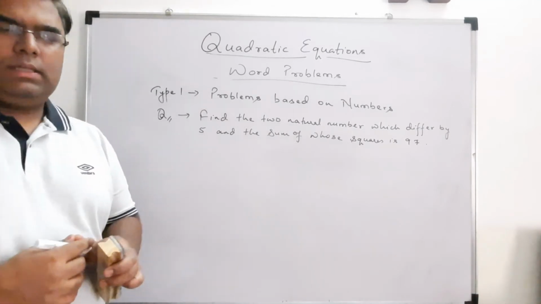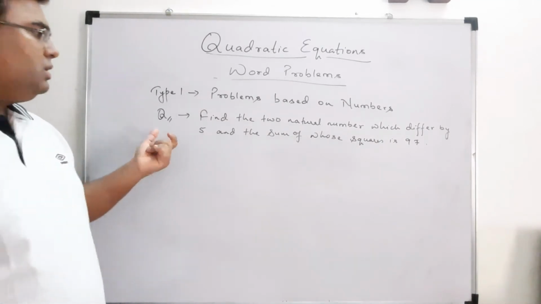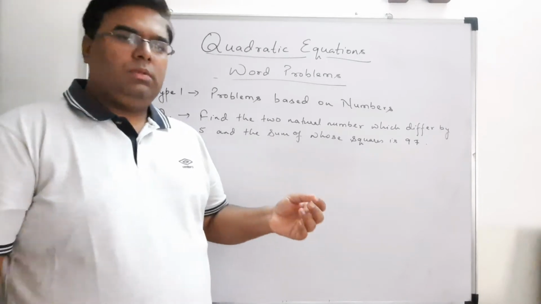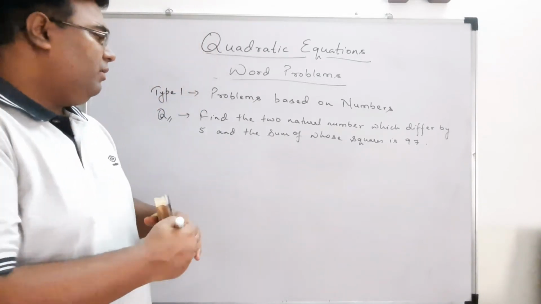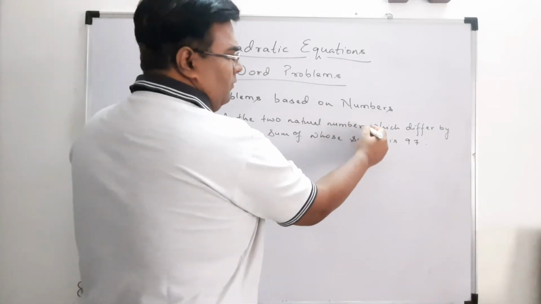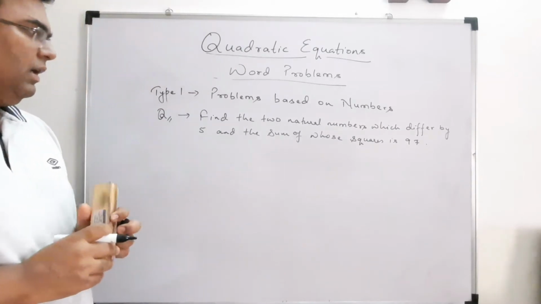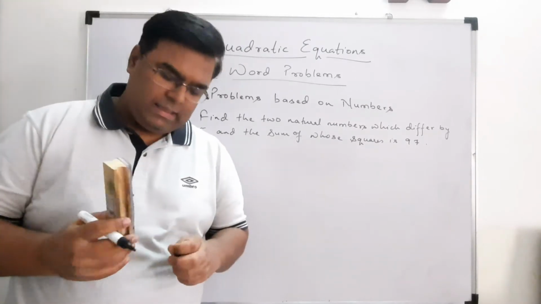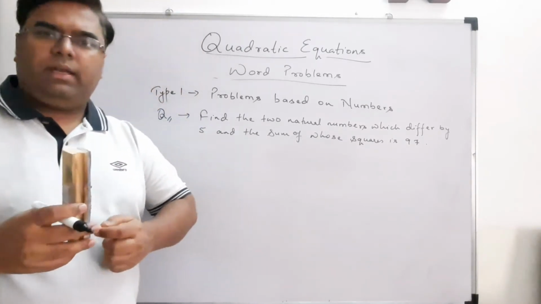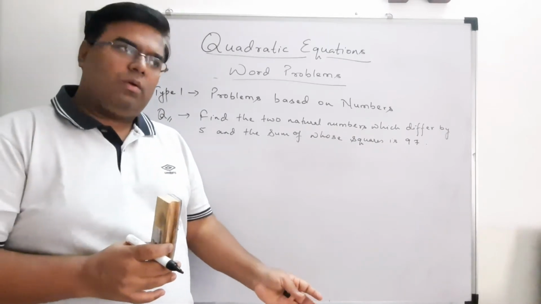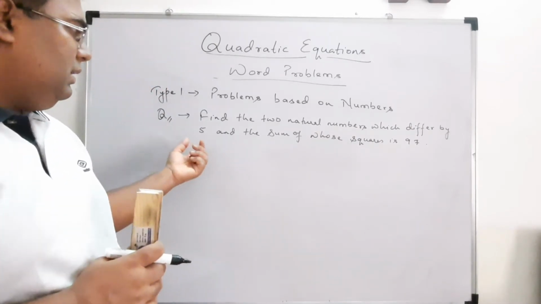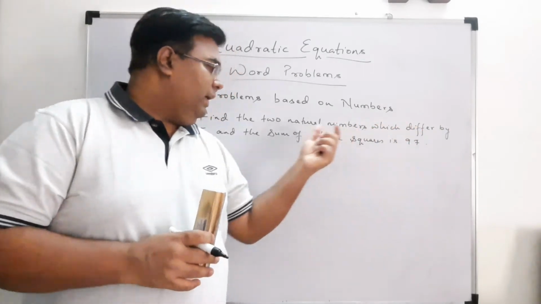Let us do another example here. The question is: find the two natural numbers which differ by 5 and the sum of whose squares is 97. Again we have two numbers, and it is clearly said that they differ by 5.